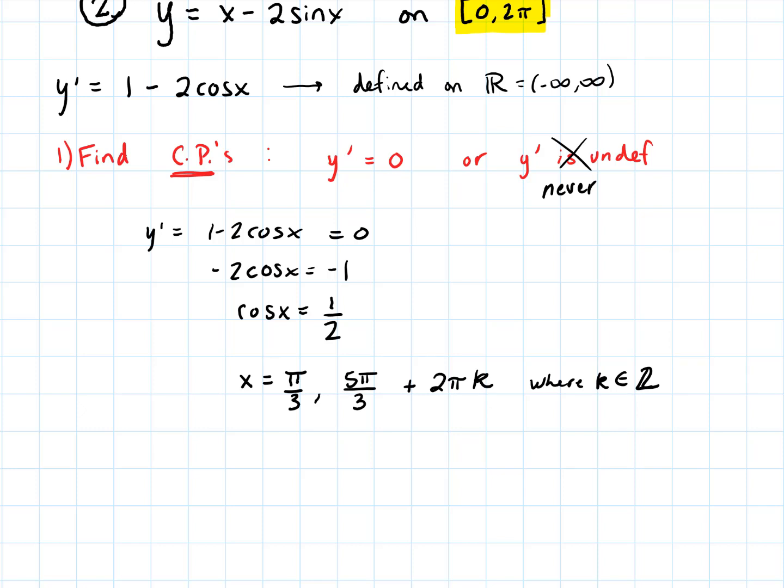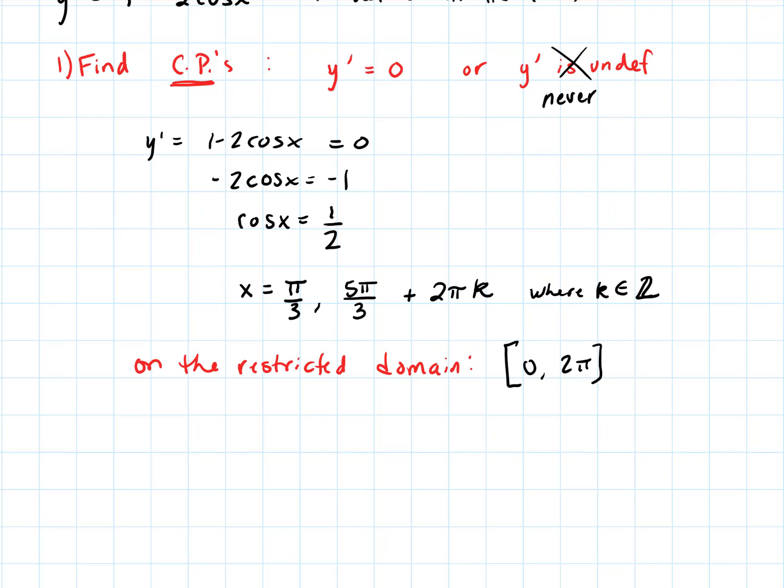Now, we have that restricted domain. So I just solved this across the entire number line, but where would those points occur on the domain? So then we consider the restricted domain, which was from 0 to 2 pi. So which of these points is in the interval from 0 to 2 pi, right?